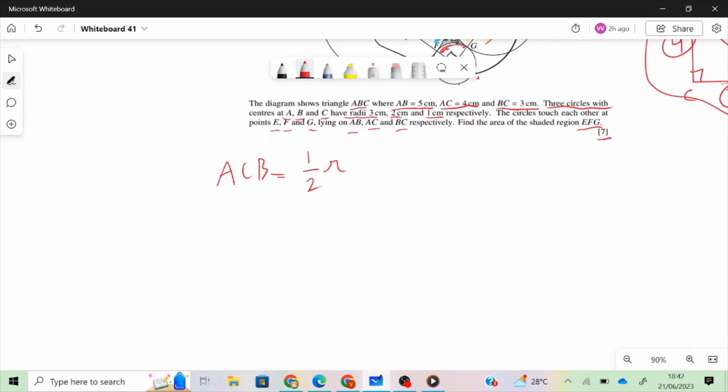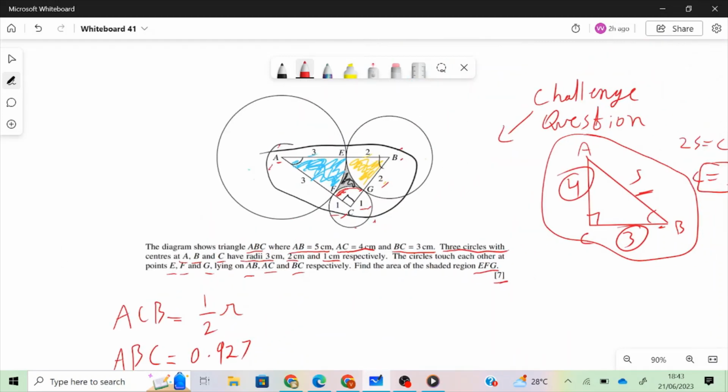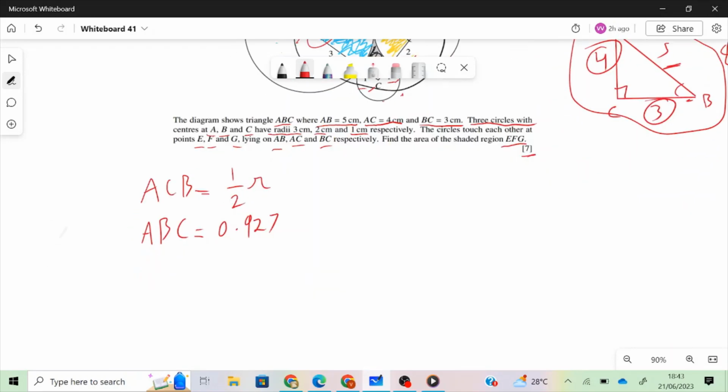So angle ABC is equal to 0.927 rads. So for the final angle, that's this angle over here, angle BAC. We know that all the angles in a triangle add up to 180 degrees, that they equal to pi. 180 degrees is pi in radians.